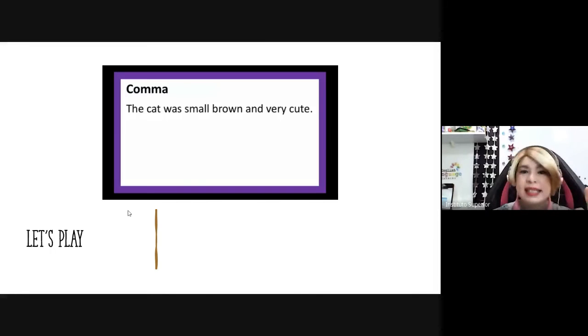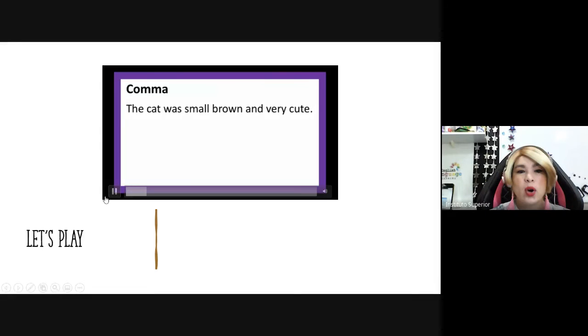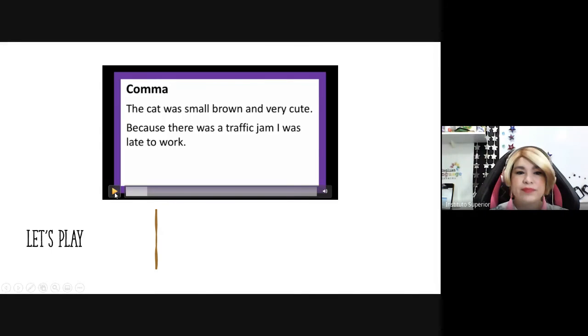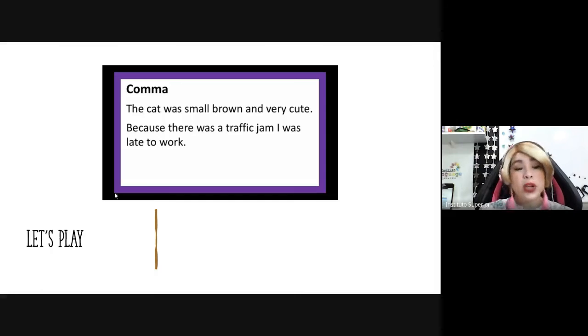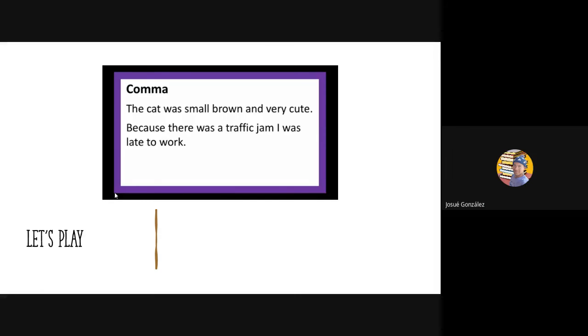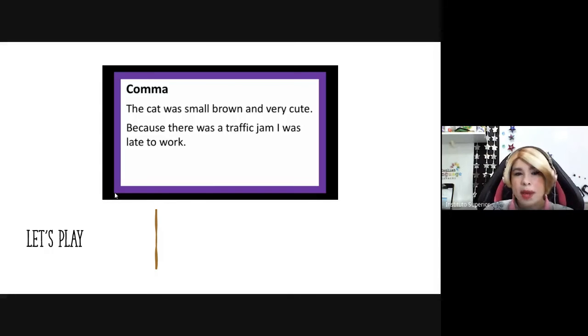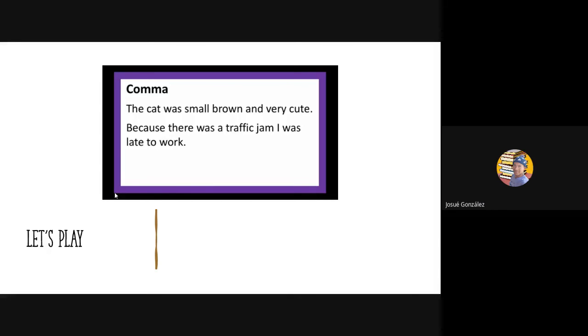Now the comma. Okay. Where do I have to place the comma? The cat was small, brown, and very cute. The comma goes after "jam," because we have here the word "because."